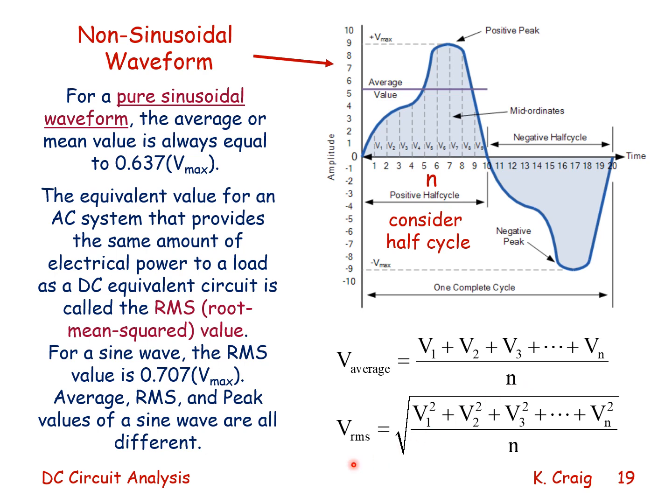There is a value of the voltage defined as the root mean square that's calculated by first squaring the values of the mid-ordinates, hence the word square, summing them and dividing by the number of values that were squared.